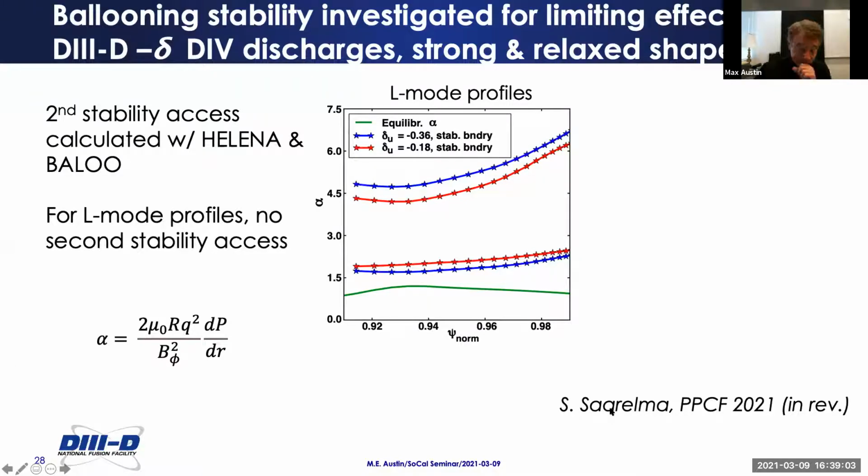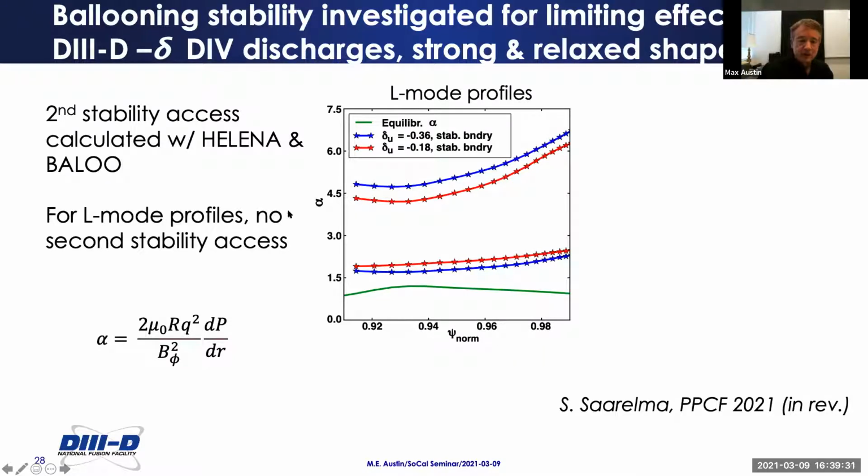This is work by Sam Terelma, who has just recently submitted a paper to PPCF. Shown here are the typical plots you make in these stability studies: normalized pressure gradient versus radius, very close to the edge in the steep gradient region.